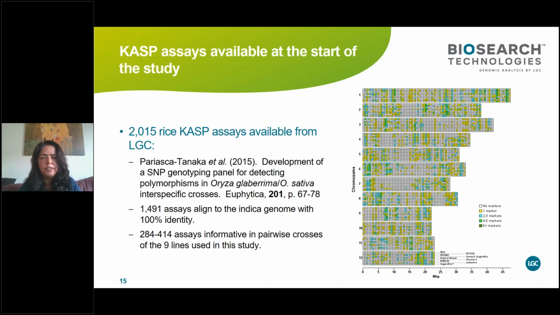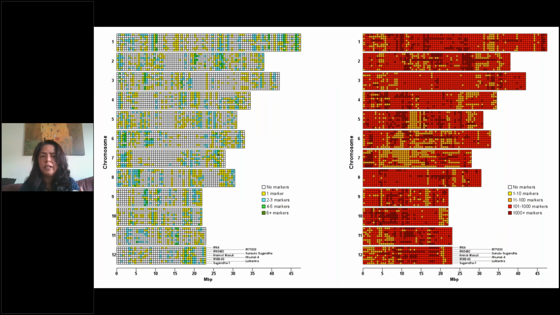So after carrying out resequencing of 9 Nepalese varieties, we mapped that against the indica genome and compared the coverage, and this is what we got. On the left is the coverage of markers that we had with the existing markers at the beginning of the project.